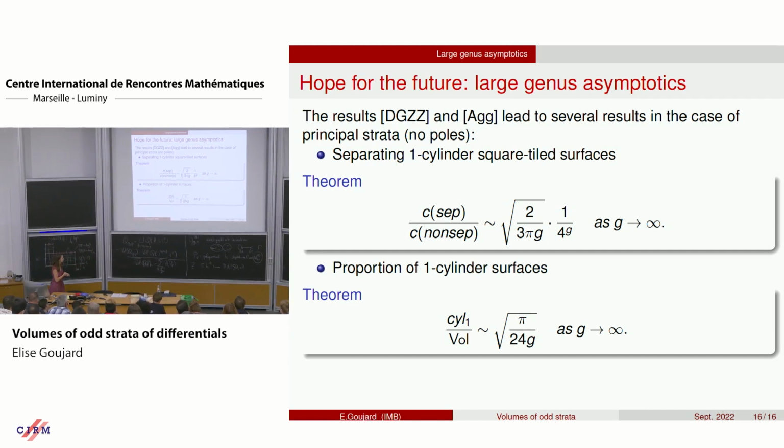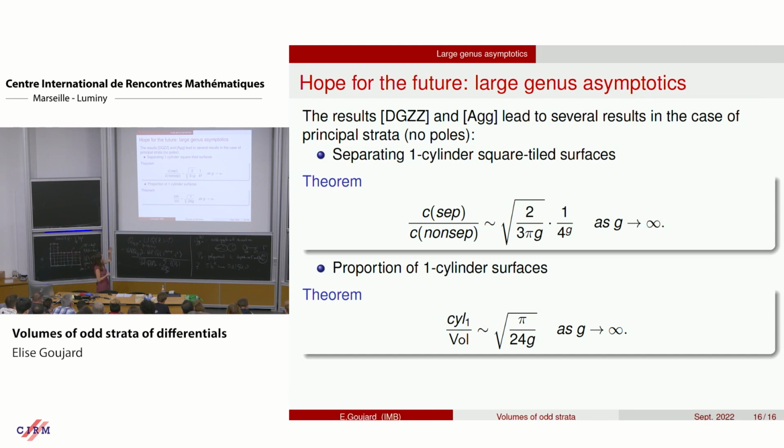For instance, in the case of principal strata, assuming there are no poles, you can compute the contribution to the volume of the square-tiled surfaces that have one separating cylinder, and compare this to the contribution of square-tiled surfaces with one non-separating cylinder, and compute the large genus asymptotics. You just study the corresponding stable graphs and their contributions and compare them.